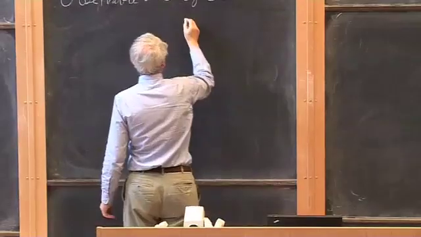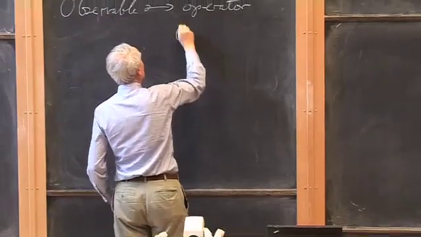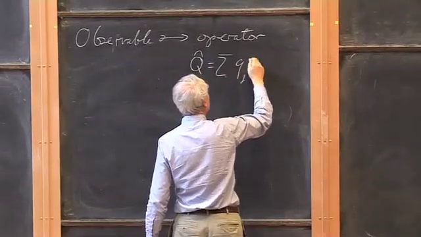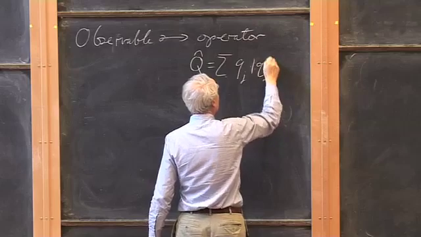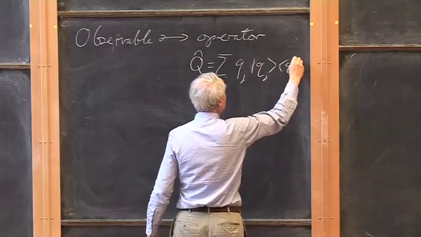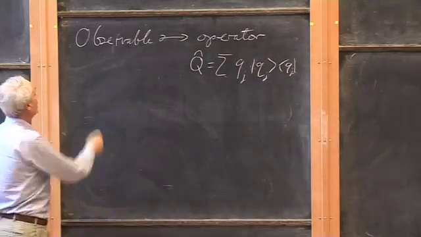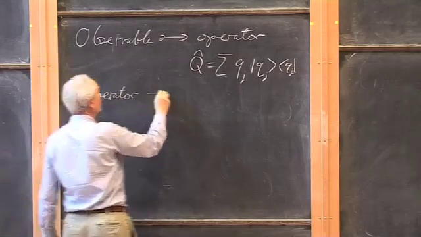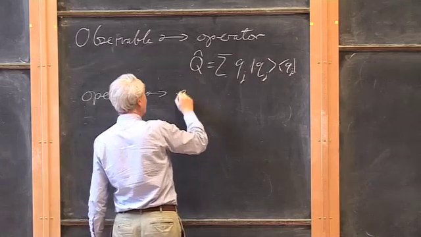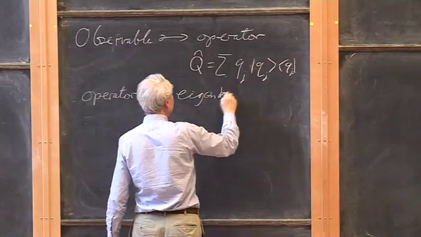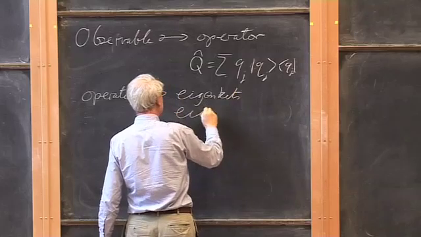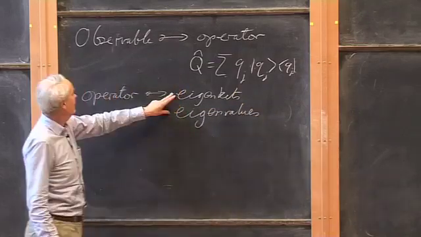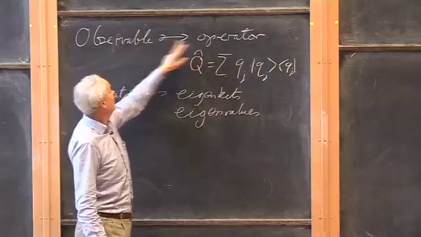We did it originally by saying that the operator Q associated with the observable Q was defined by its eigenvalues and eigenkets, taking advantage of the fact that a Hermitian operator is uniquely characterized by its eigenkets and eigenvalues. So if you specify these, you specify this.